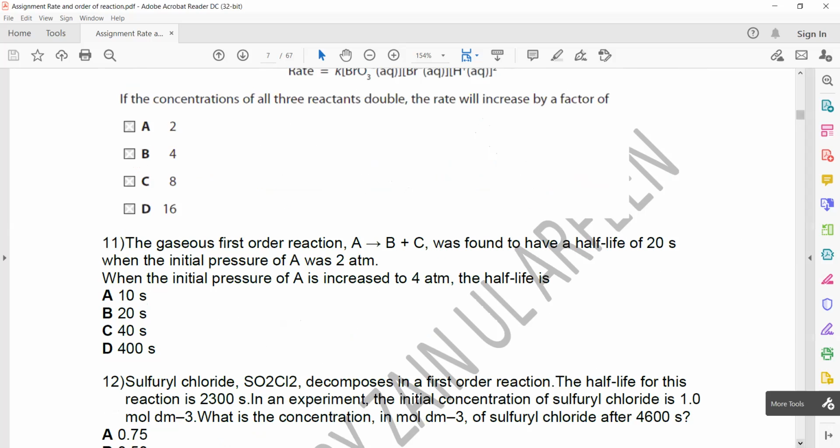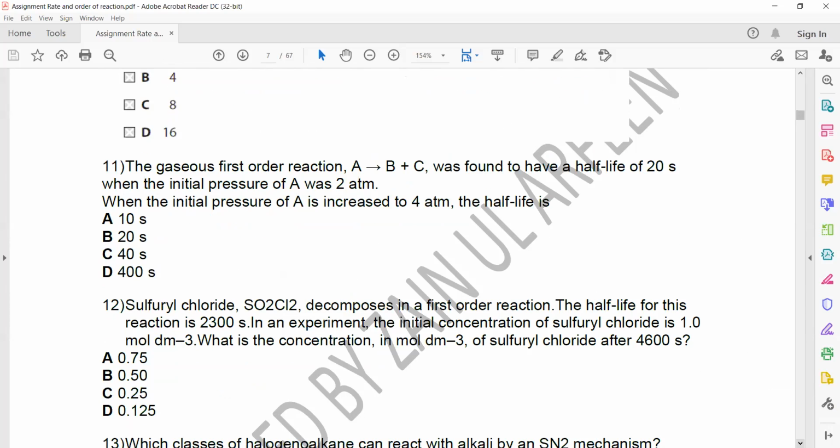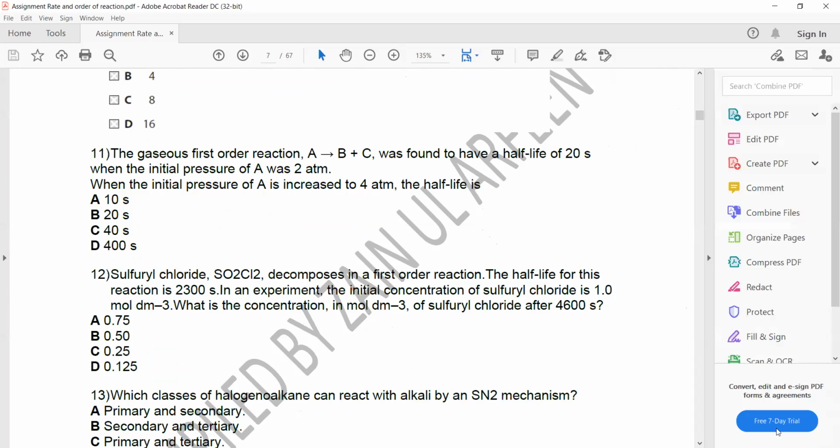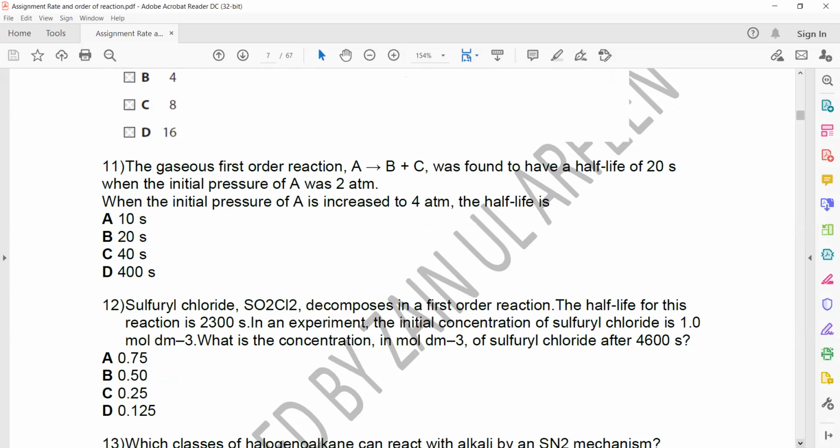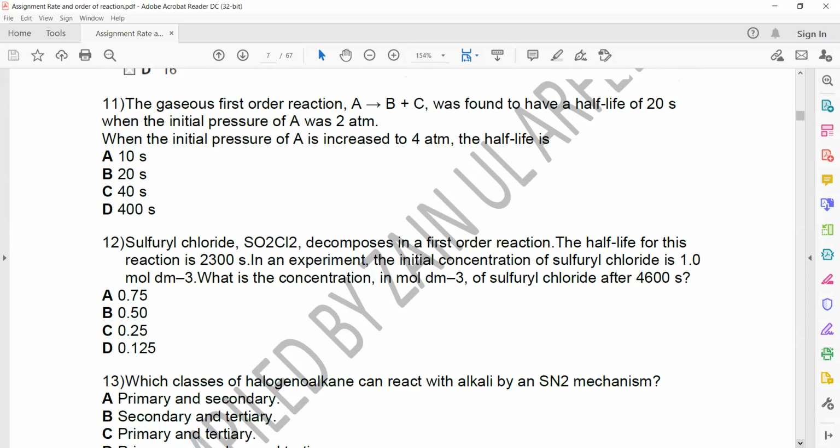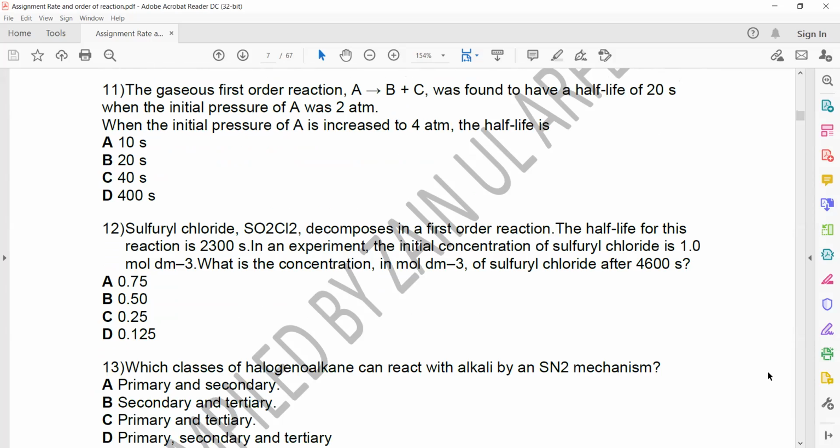Question 11. The gaseous first order reaction A forms B and C and was found to have a half-life of 20 seconds when the initial pressure was 2 atm.